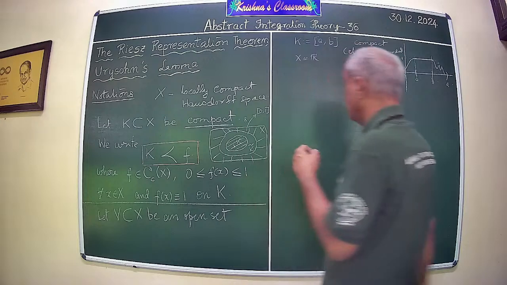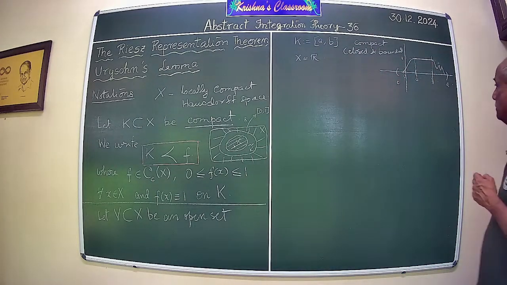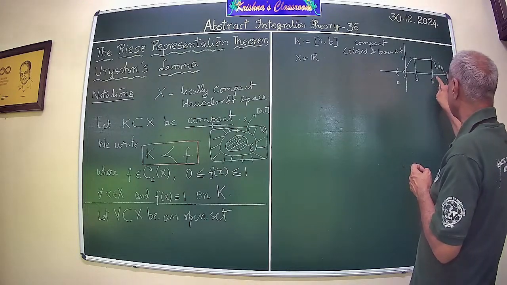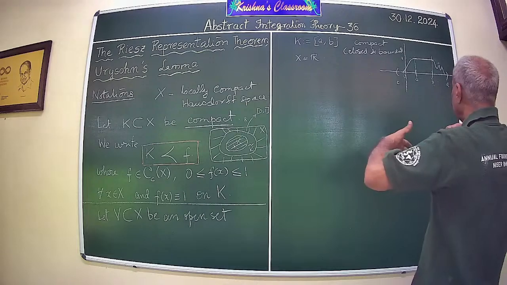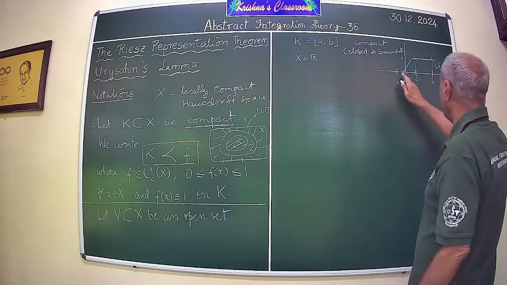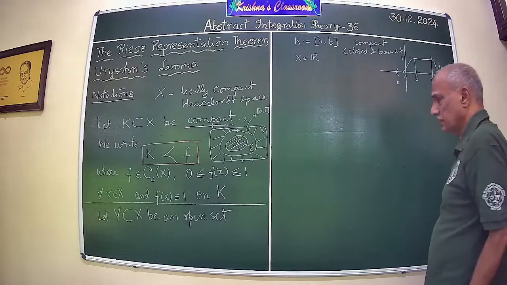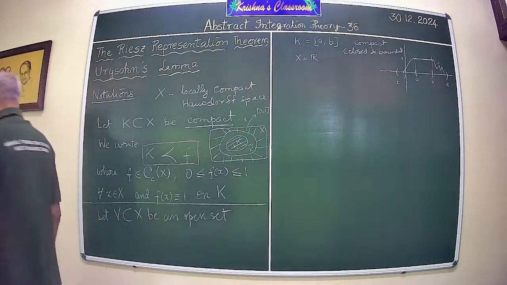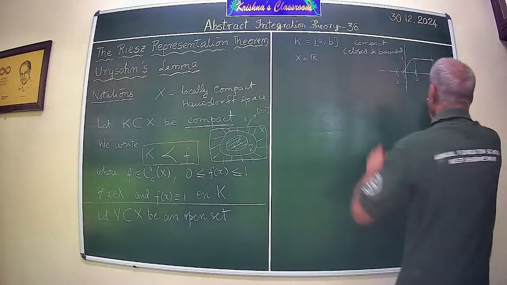On R, the function takes values between 0 and 1, and over this part, that is on the interval [a,b], it takes the value 1, and then it has a compact support, some compact set on which the function lives actually. Okay? And outside, this function is identically 0.